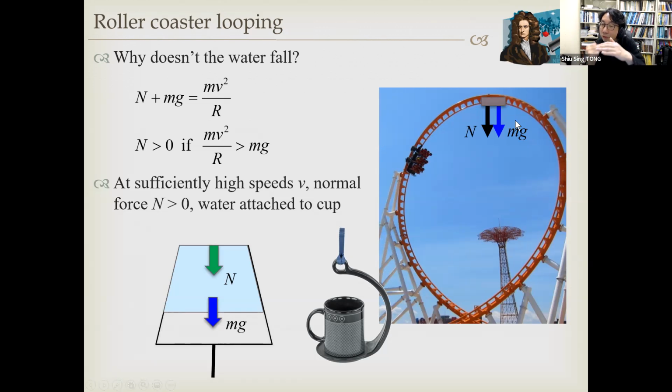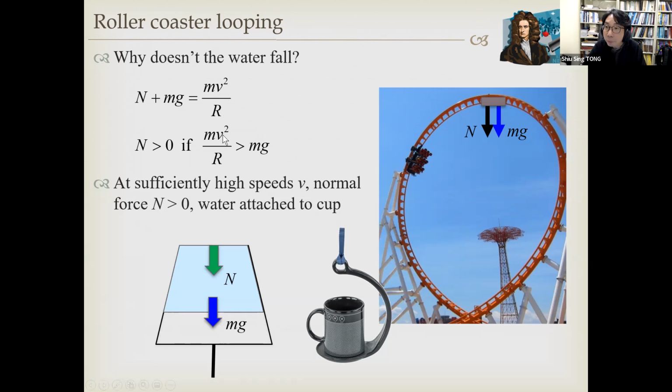So in order for the roller coaster to attach to the rail firmly, I need the normal reaction to be larger than 0. And for that, what I need is mv squared over r to be greater than mg.